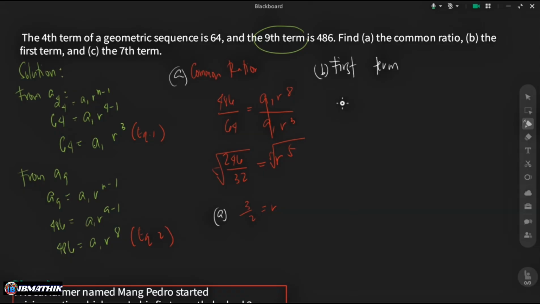So let's substitute the formula in equation 1. So 64 is equal to, the exponent will be n minus 1, 4 minus 1. So 64 is equal to 3 over 2 raised to 3. And the answer will be 64 divided by 4.